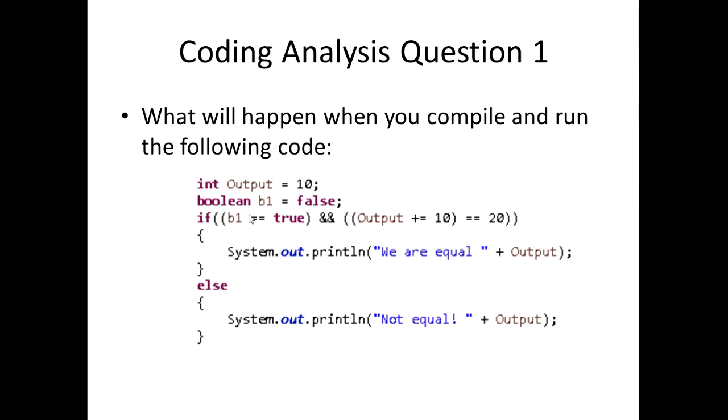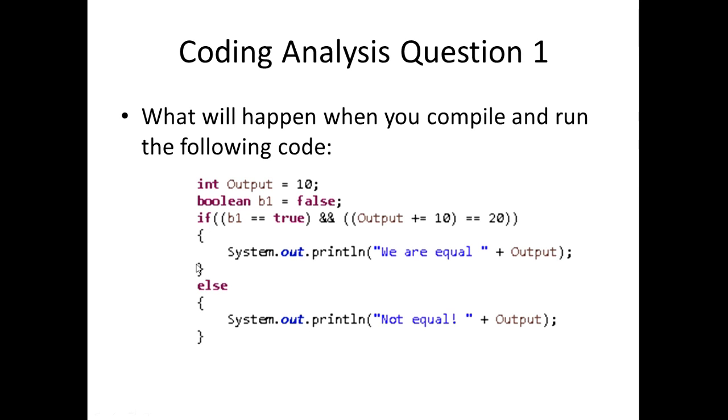So for this part of the conditional, we're going to have false, and we're going to have to evaluate this now. So output plus equals 10. Output is 10 plus equals 10. That's going to equal 20. And then we're going to have 20 equals 20, which is correct. And this portion of the conditional is going to result in true. So false and true ultimately results in false.